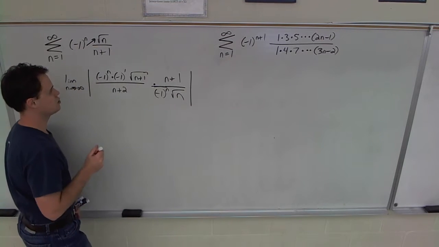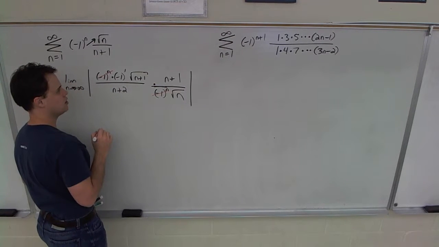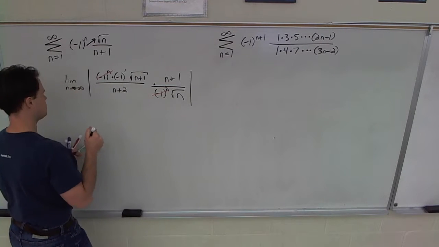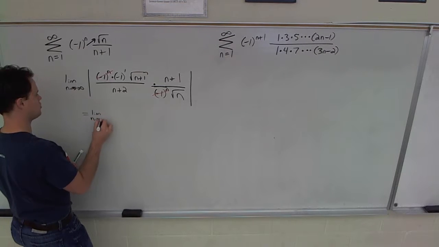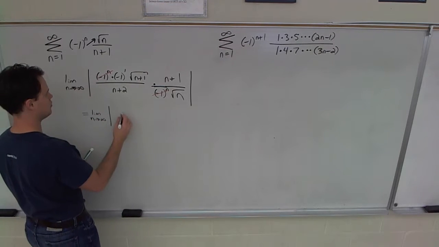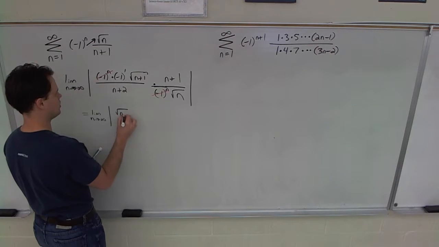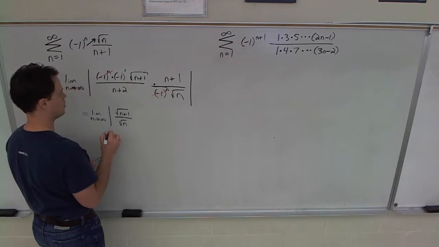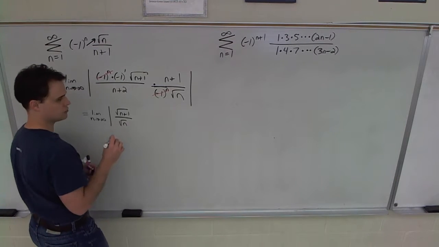Now I'm going to cancel what I can. So this cancels, and really not a lot else cancels here. So let's see what we've got. That's going to be the limit as n approaches infinity of the square root of n plus 1 over the square root of n.